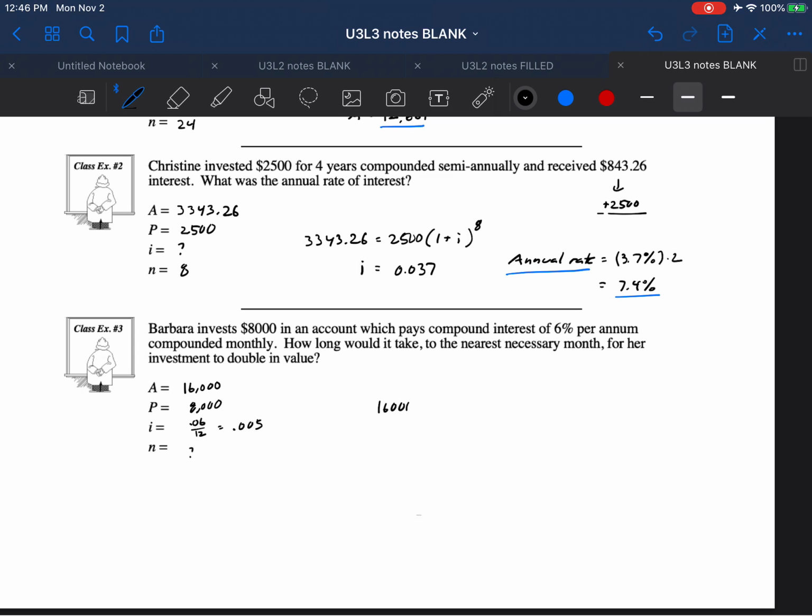So we want 16,000 to equal 8,000 times 1.005 to the n power. I'm going to use NSolve, but to make this a little bit easier, I'm going to divide both sides by 8,000, so I'm going to say 2 is equal to this, using NSolve, to make my typing a little bit less.